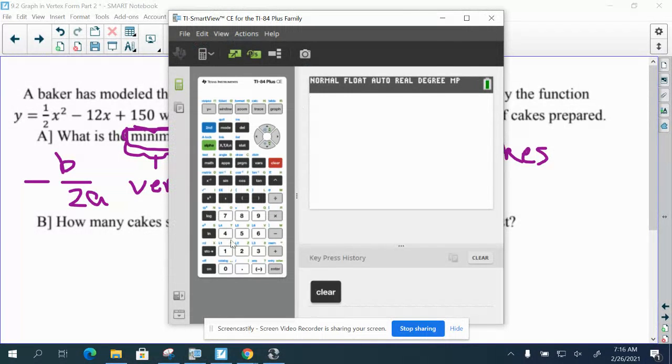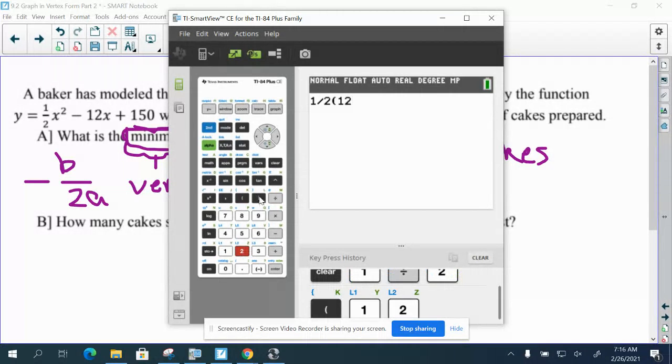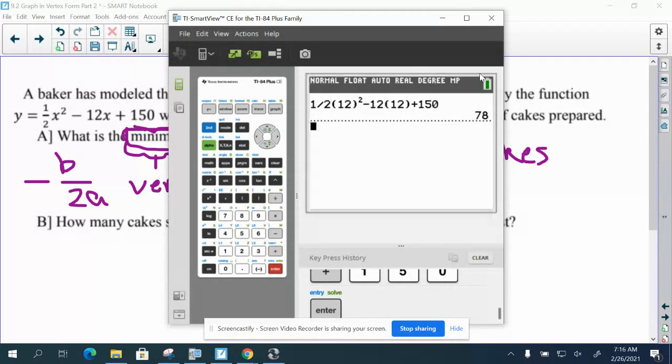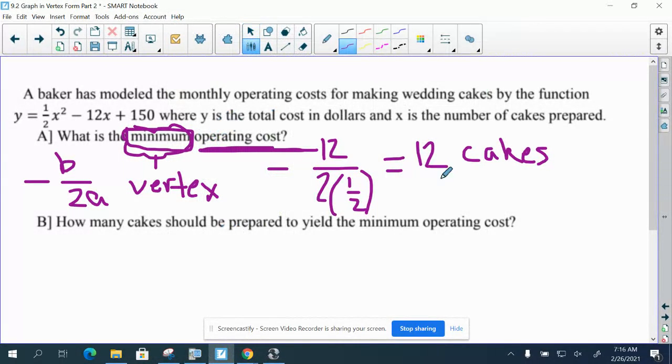You could do 1/2 times 12 squared minus 12 times 12, and then plus 150. So $78. So $78 is the minimum operating cost when you've got 12 cakes.